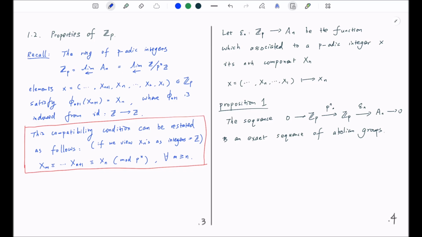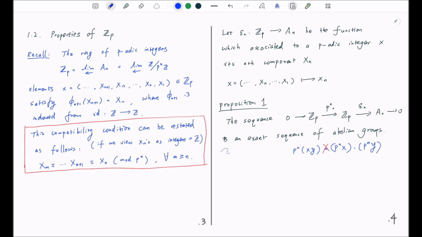Because we do not have something like p^n times x times y is equal to p^n x times p^n y. This is not necessarily true.